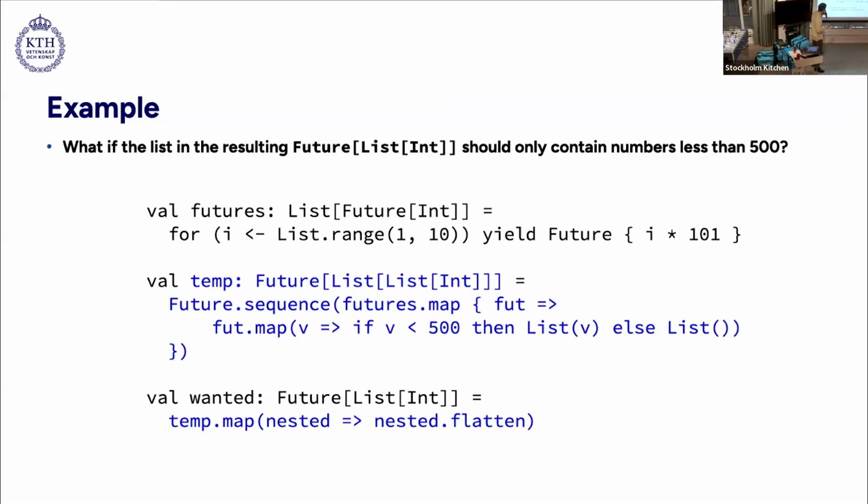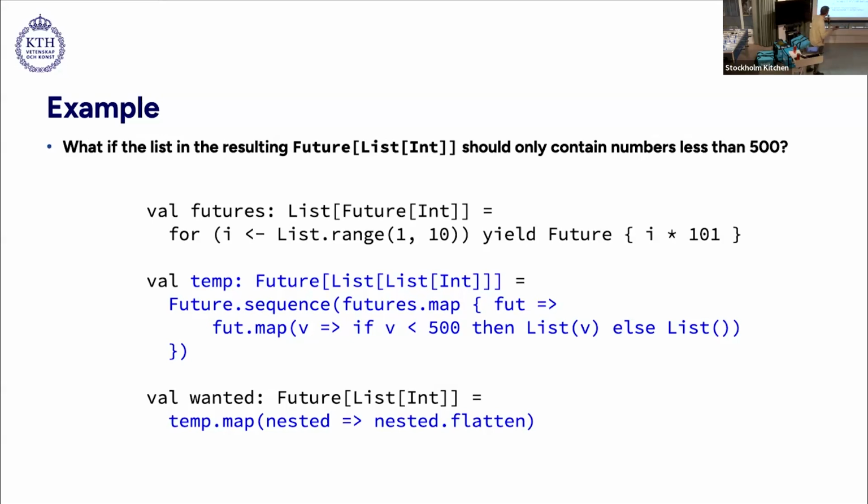This is quite a convenient way to do it, because then we have a nested list and we can just use flatten to get our result. So even if the future does not pass our filter, it still is completed with a result. So we can still use sequence to wait for all the futures to have a result. And at the end, we just flatten it so that the empty results are discarded.